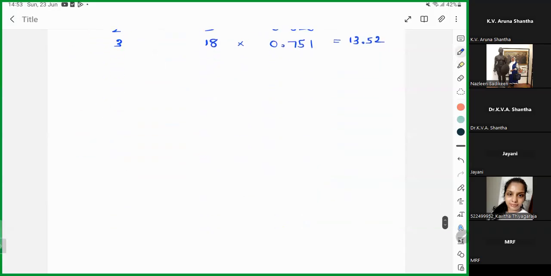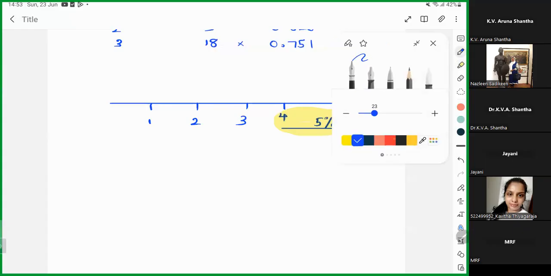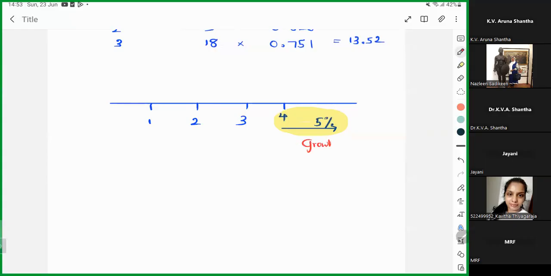Now see again. Here, the first 3 years' dividends you have forecasted. From the fourth year onwards, the dividend grows by 5%. So here you apply the dividend growth model, only for the dividend from the fourth year onwards: fourth year, fifth year, sixth year, seventh year.